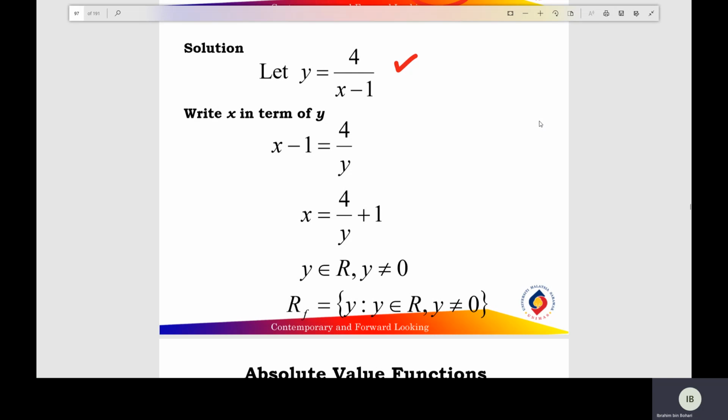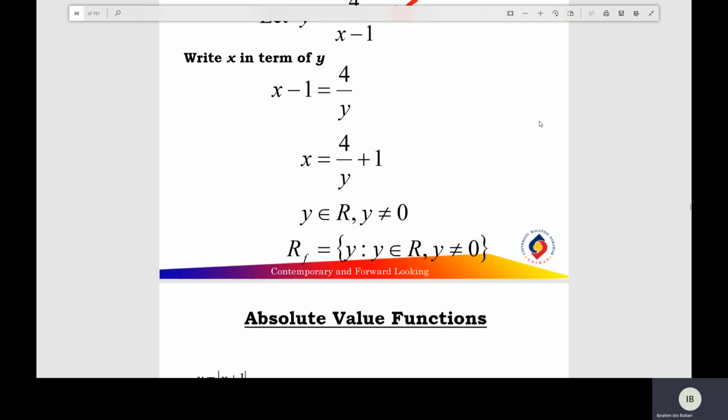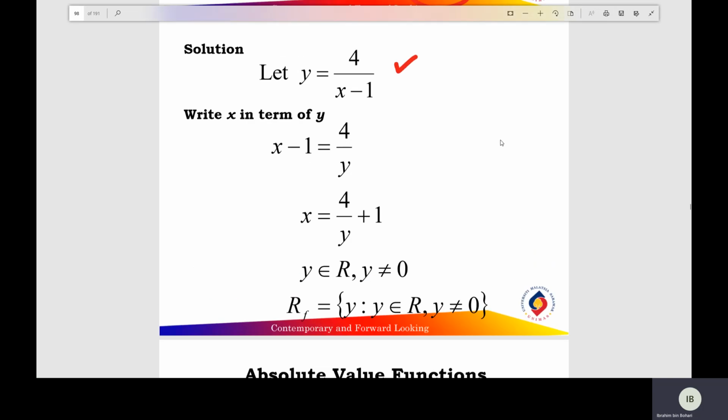So you let the denominator of the function equal y, and x in terms of y: x equals 4 over y plus 1. And this rational function is defined for all the values of y except 0.